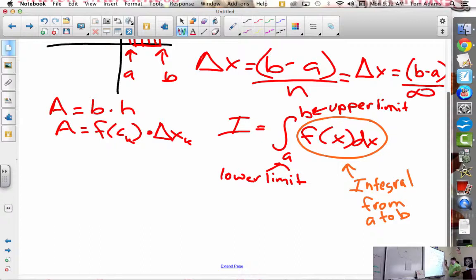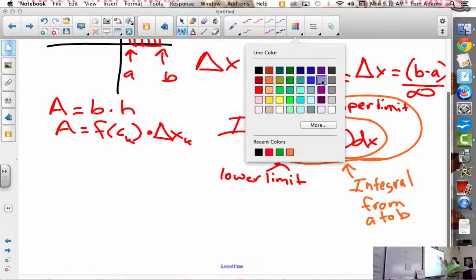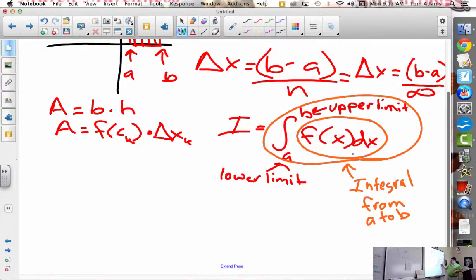Actually, the whole thing is, right? So this whole thing is the integral from a to b. The little thing on the function itself, and I'm going to try to do a bunch of different colors, right there is called the integrand.